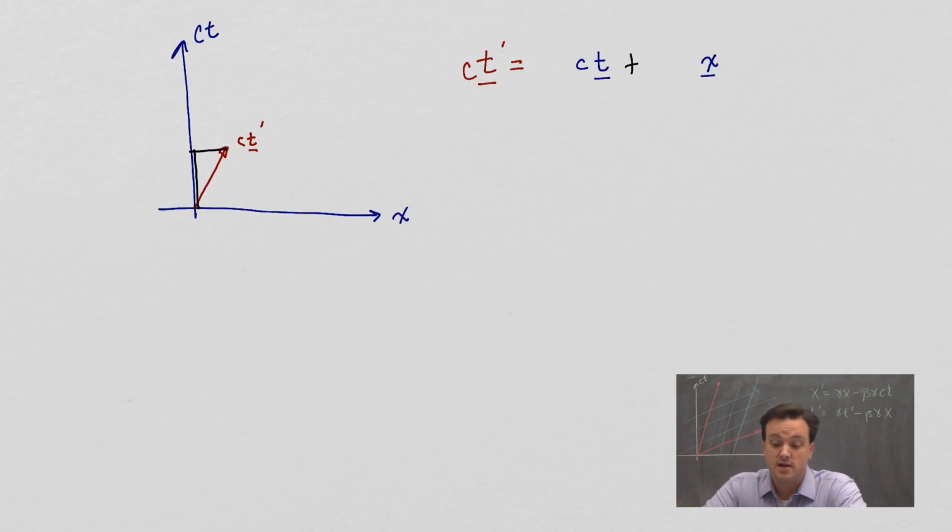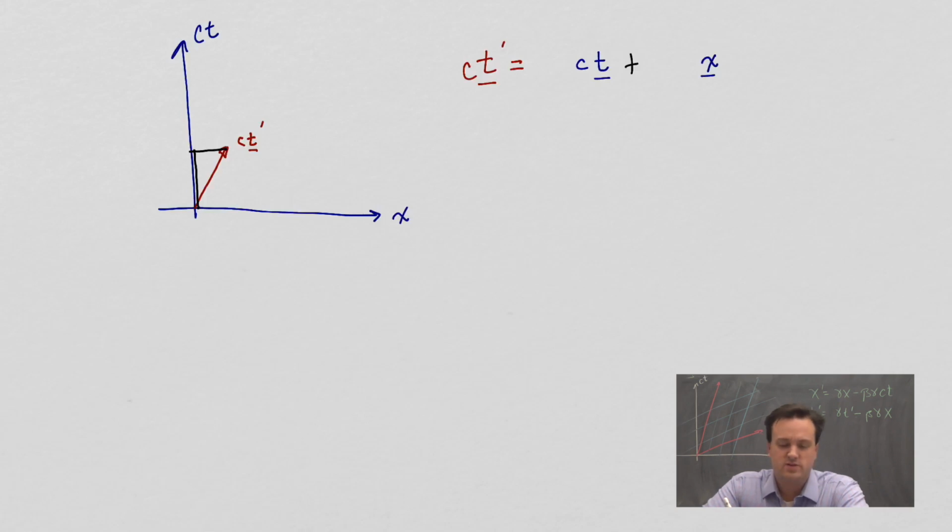So the unit vector in the time direction in the primed reference frame is going to be a linear combination of the unit vector in the time direction in the unprimed frame and the spatial directions in the unprimed frame.